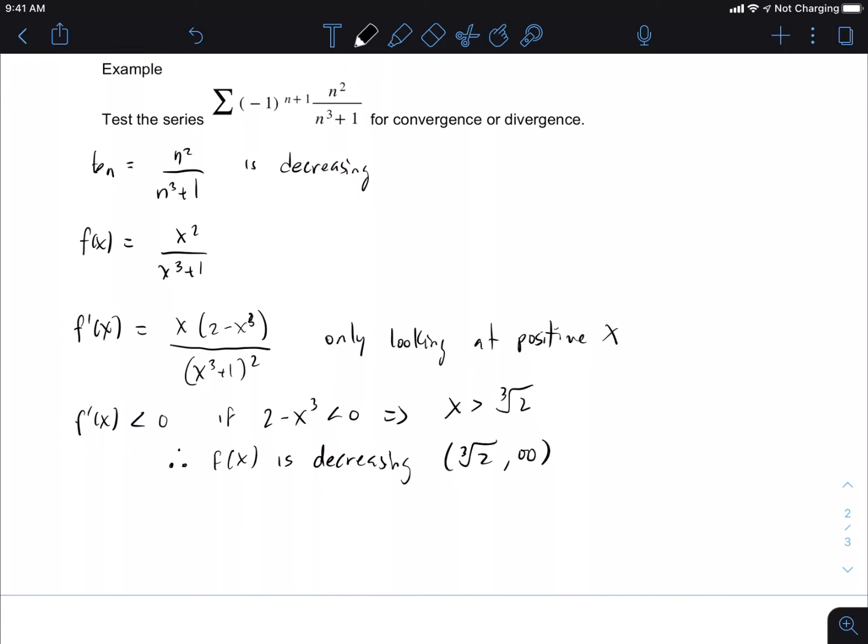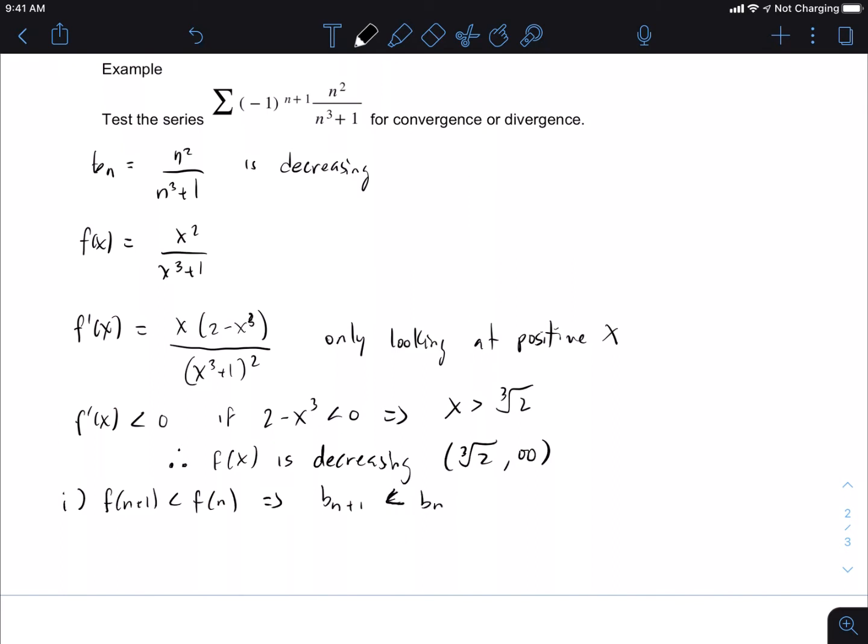Now, to be able to do the alternating series test, part 1, we ask whether f of n plus 1 is less than f of n. That's our implication for b of n plus 1 being less than b of n, right?